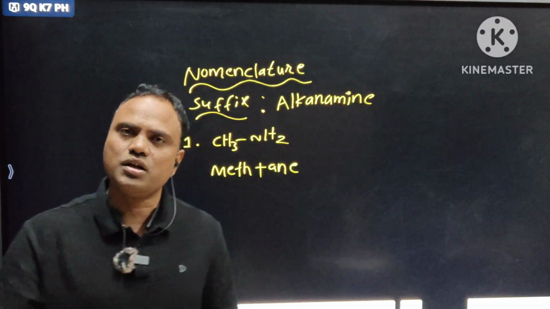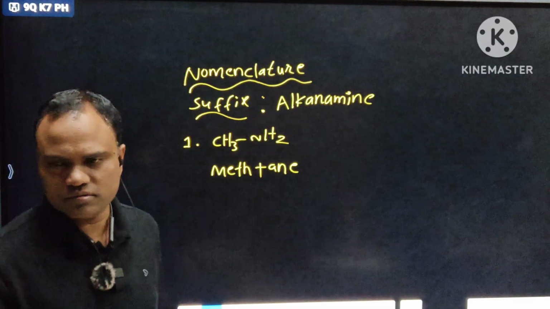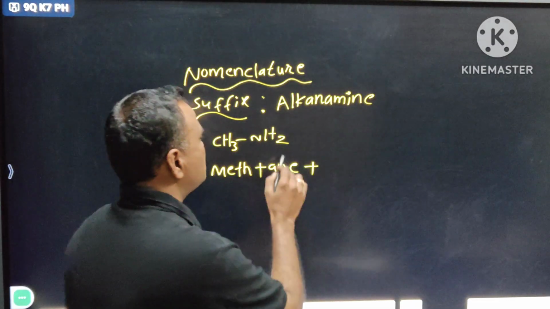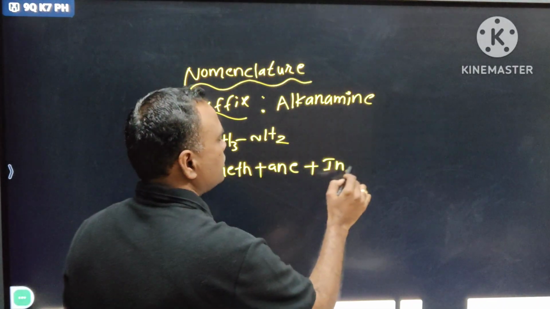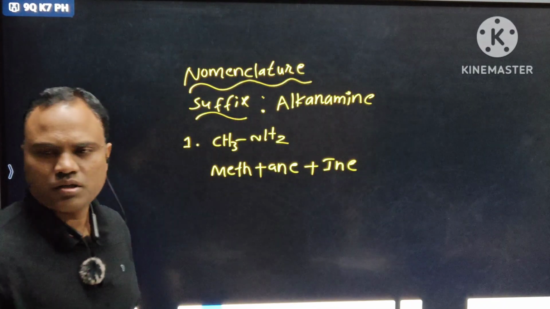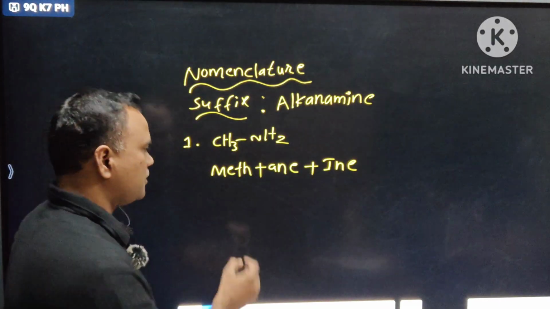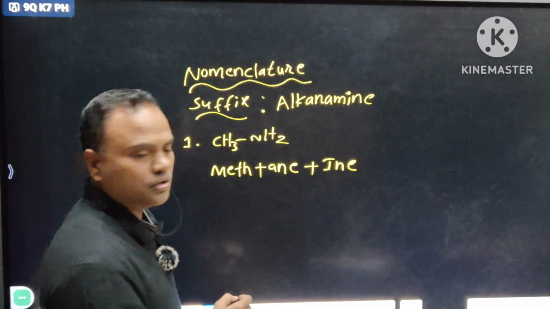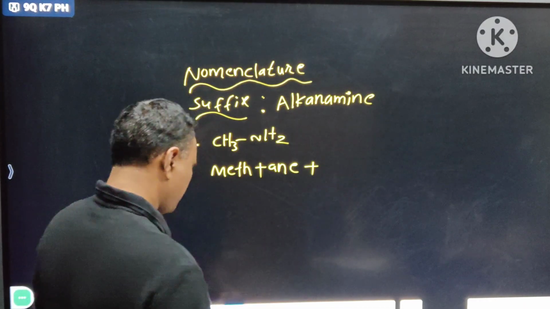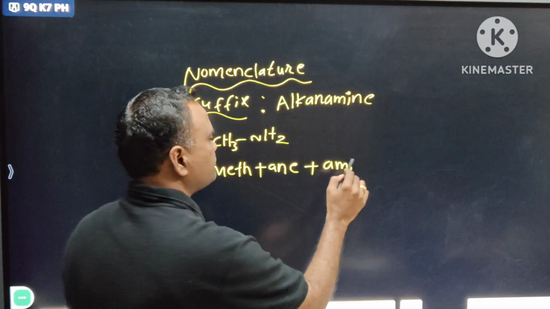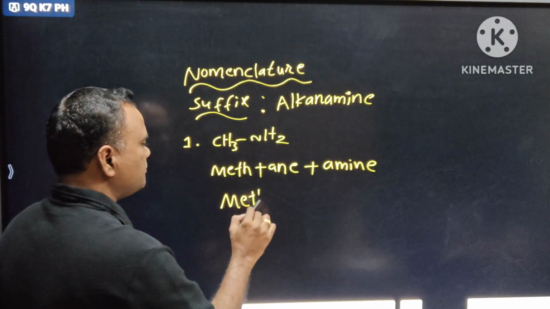If carbon-carbon double or triple bond is not present, then write an. Plus, when NH2 is present, we write amine as the terminal word. Meth plus an plus amine, methanamine.